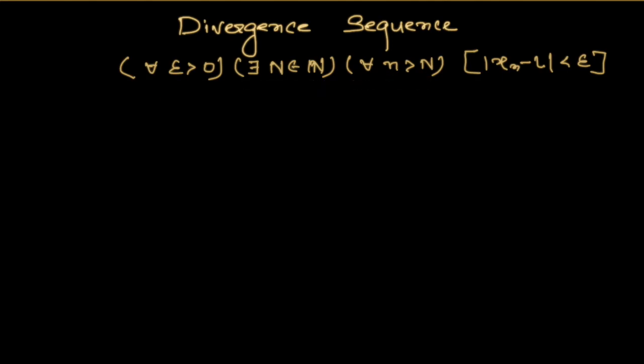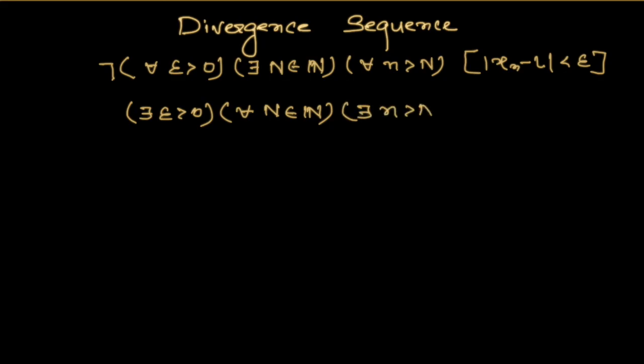What changes is the type of quantifiers. Here we have for all, here we have there exists, and here we again get for all. So when we negate this statement, for all becomes there exists epsilon greater than 0. This there exists becomes for all N belonging to the naturals, and again this for all becomes there exists n greater than N. So the domain should not change.